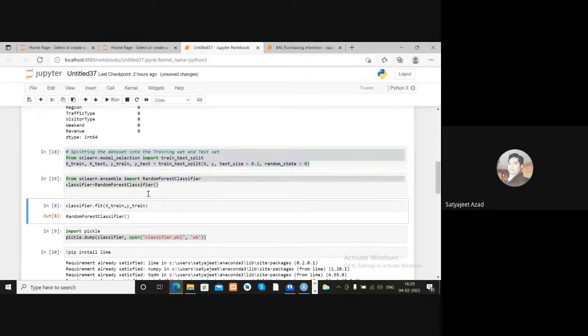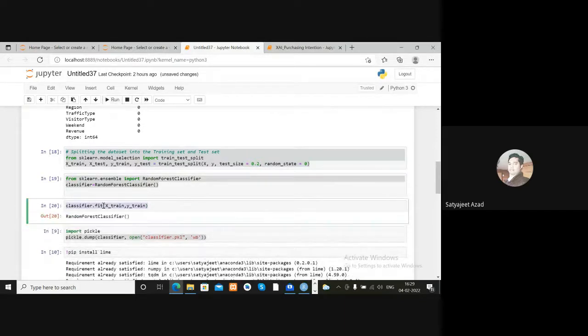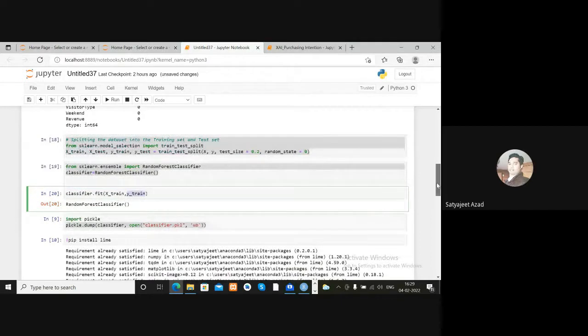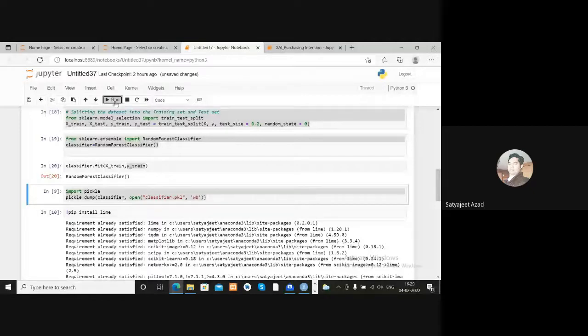The classifier fits x training and y training, because I have converted 80% into training. And we are applying random forest, which is also a classification ML technique.